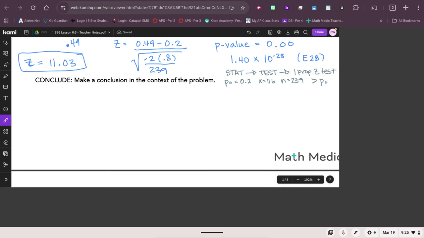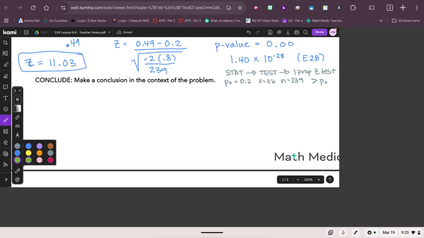Okay, our conclusion is going to be a two-step process. So when we make conclusions, we can interpret the probability and we can also make our decision and then write an interpretation of the actual context of the situation. So with that being said, I'm going to write it in two parts. So the first one is going to be me interpreting the actual p-value.